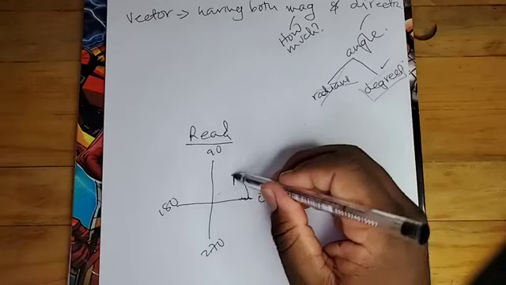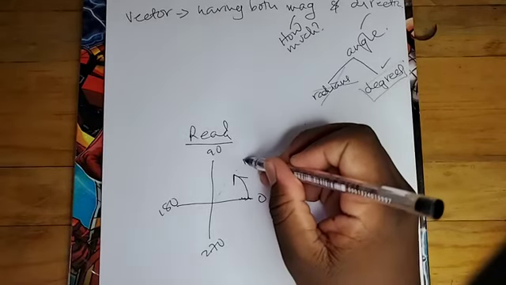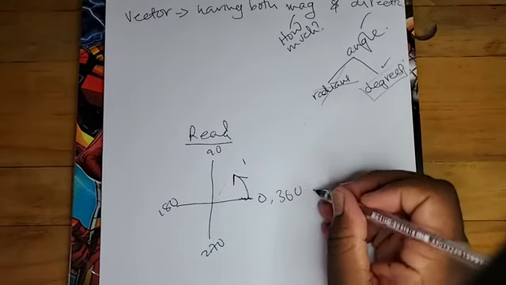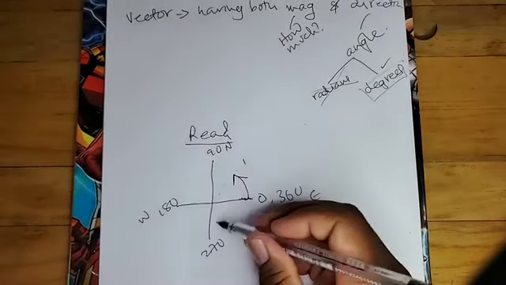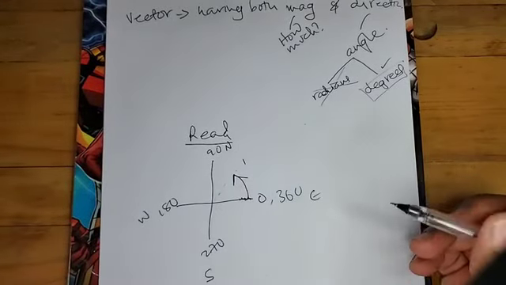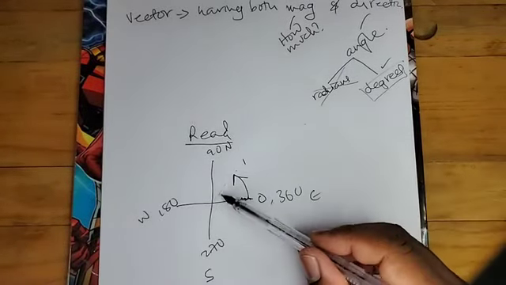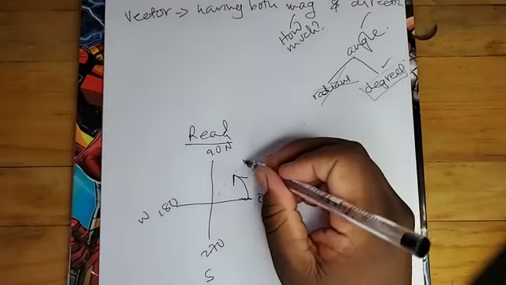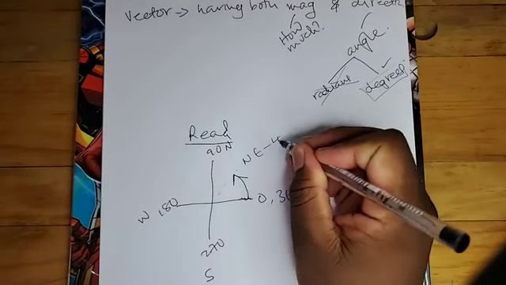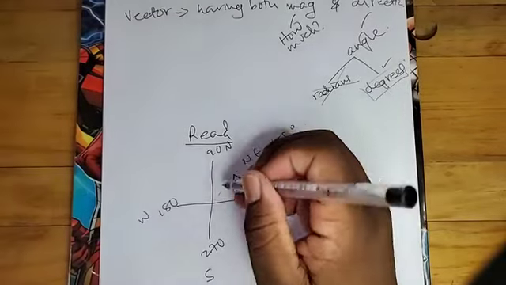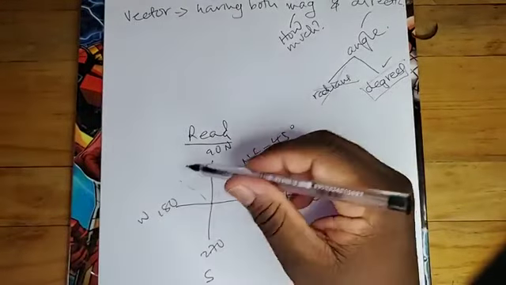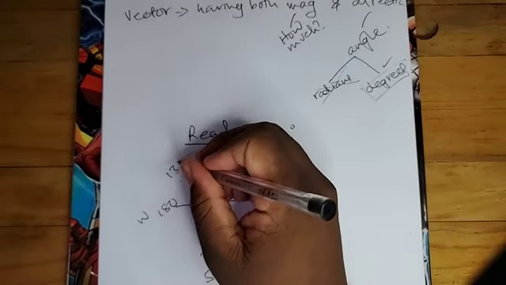0 is also called east, 90 is also called north, 180 is also called west, 270 is called south. In between north and east, this is going to be northeast, and it is going to be 45 degrees. Between north and west, that would be 90 plus 45, that would be 135.